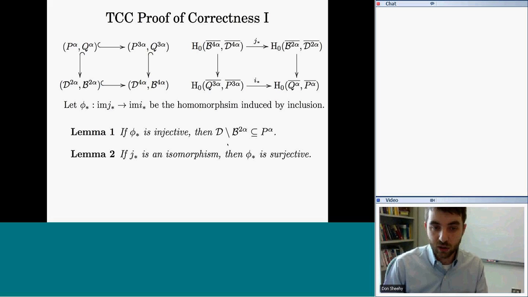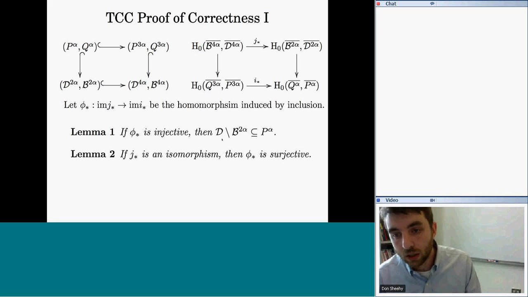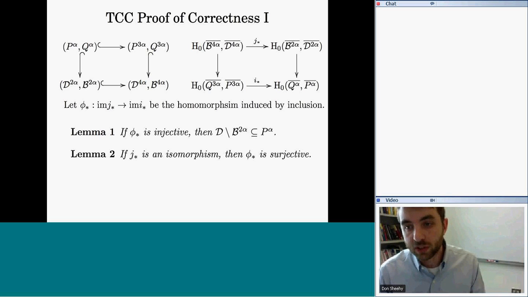If you look at the contrapositive of this statement, if it's not covered here, then there's some point which is not covered, which has some component in here, and so this map cannot be injective.